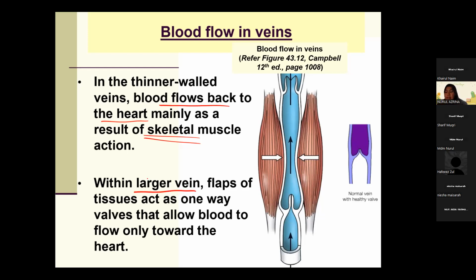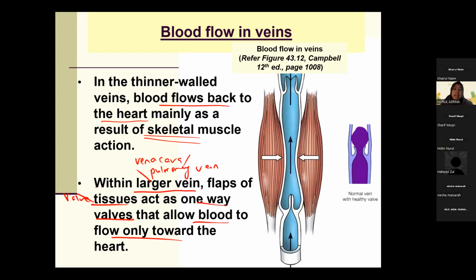Within large veins, there is a flap of tissue that acts as a one-way valve that allows blood to flow only towards the heart. So the vena cava and pulmonary vein have a flap of tissue that we call a valve, that ensures the blood can flow in one direction, towards the heart.